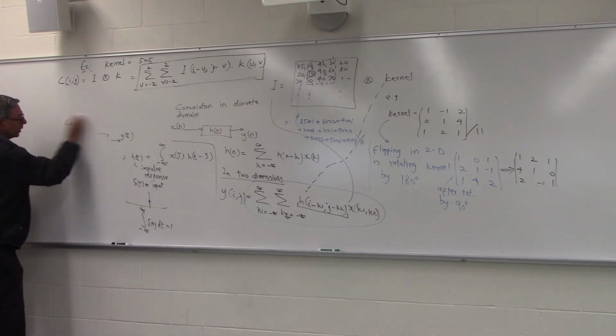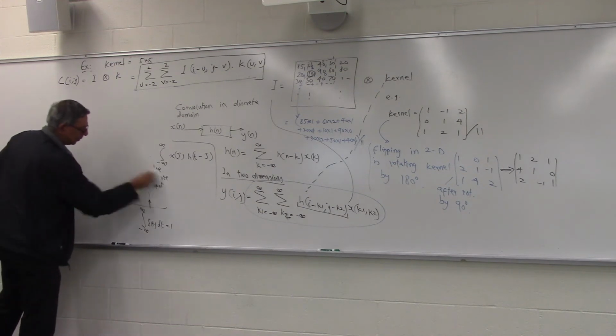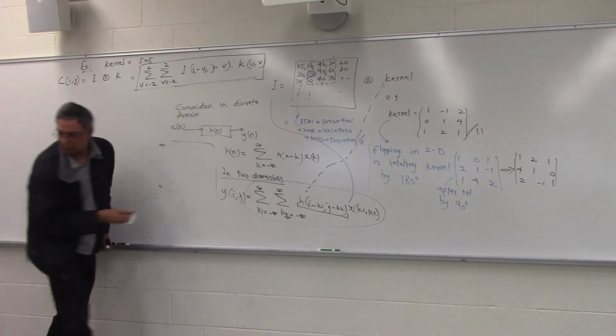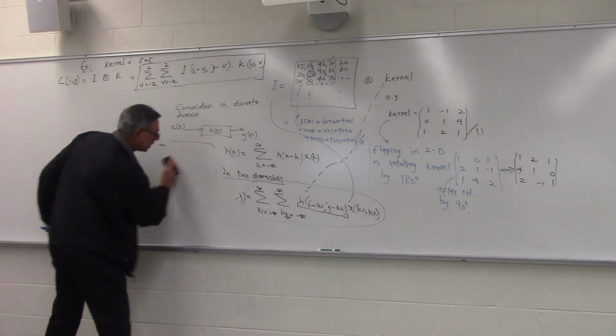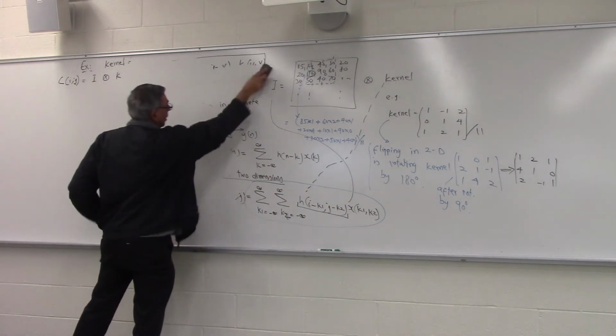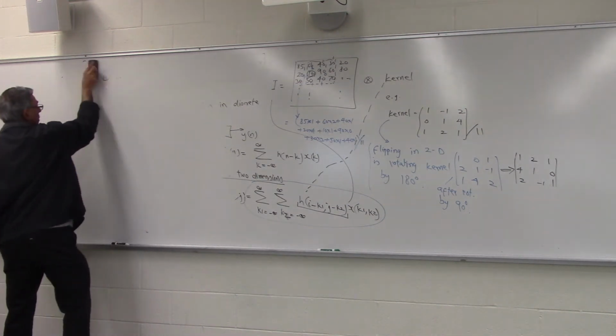So now let me start drawing. Oops, I have an eraser, so faster. Okay, so let me erase this so that I have more room over here to draw the picture.